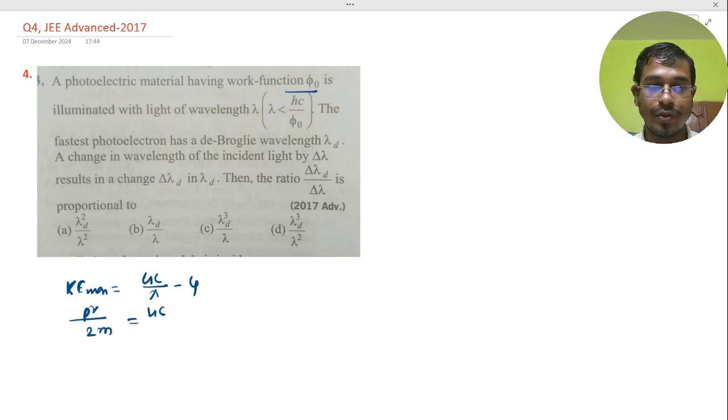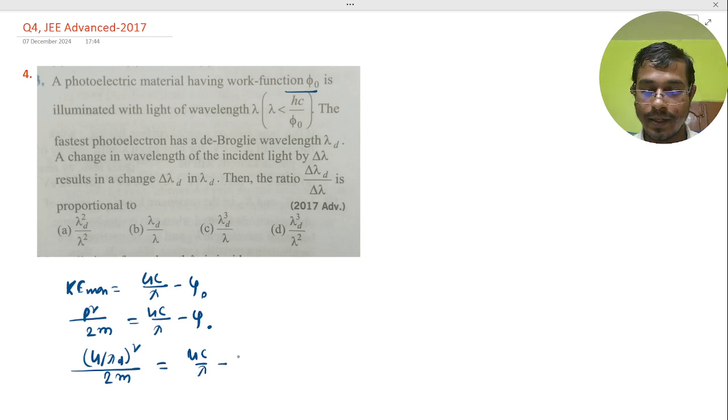Put this value: hc by lambda minus phi naught, the stopping potential, and put p equal to h by lambda d. So p square, put h by lambda d whole square by 2m is equal to hc by lambda minus phi naught.